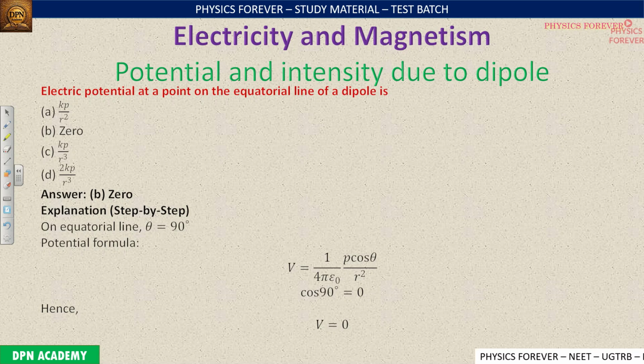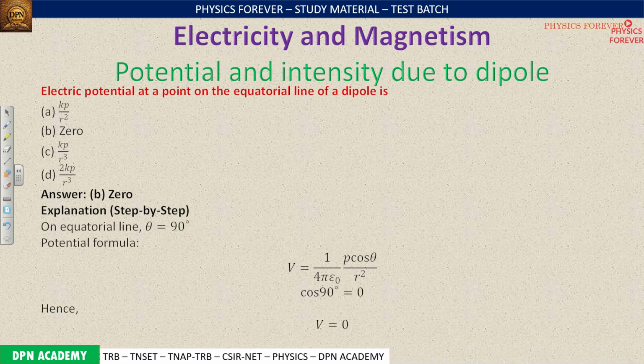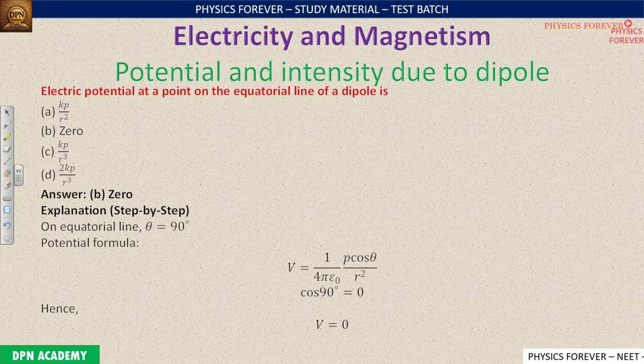Based upon potential and intensity due to a dipole, there should be an important MCQ. The question: the electric potential at a point on the equatorial line of a dipole is? Already we know the formula: V is equal to 1 by 4 pi epsilon naught, p cos theta by r square. From the options, which one is correct?